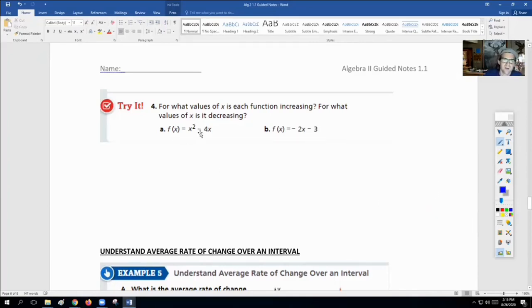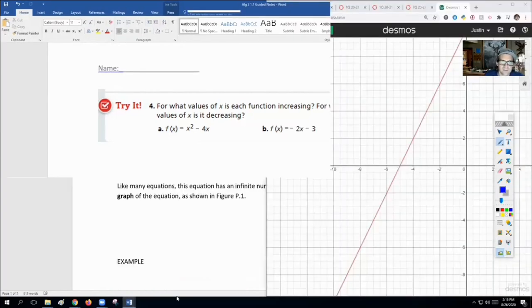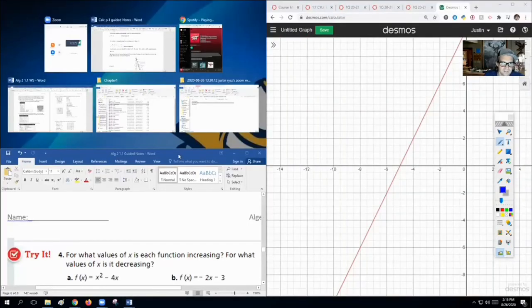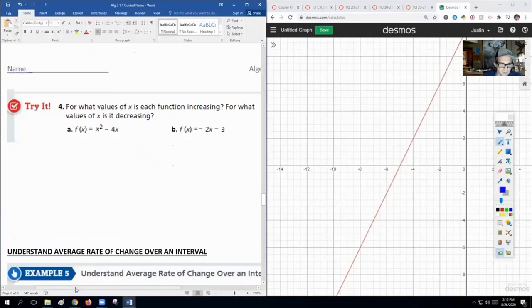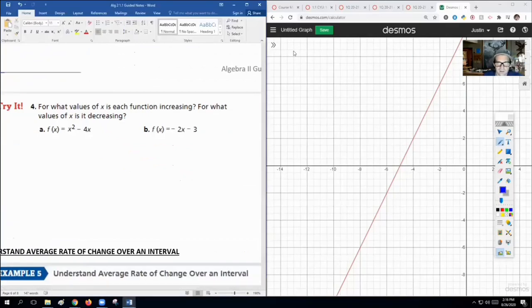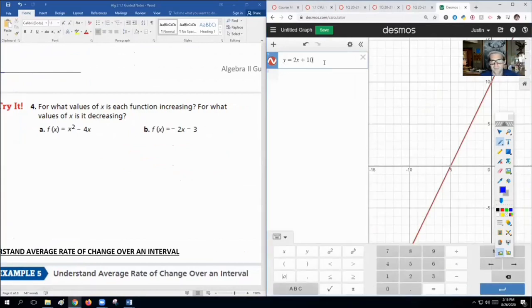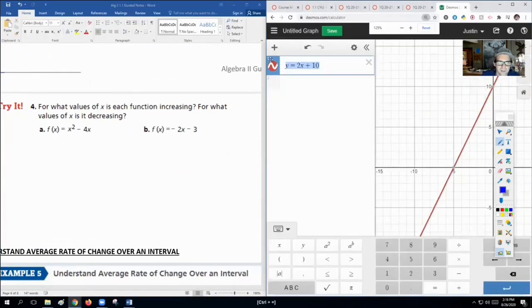All right, we got these two problems here. We're going to figure out where they are increasing or decreasing. I'm going to split screen this because I think Desmos is going to be our friend here. Let's see if I can look at both graphs at the same time.